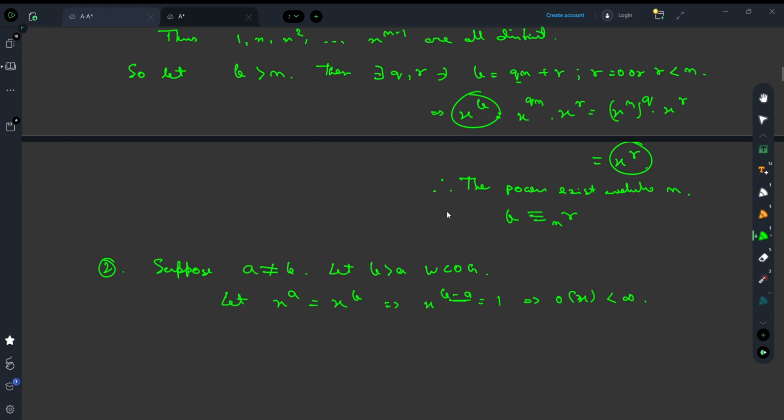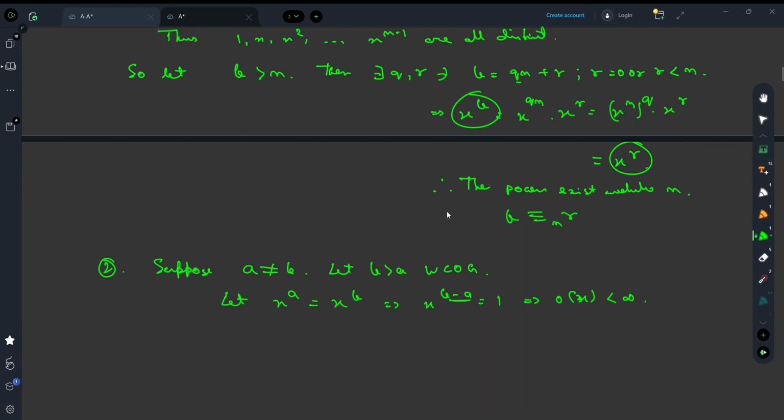the order of x is finite, because there exists a positive integer. If b is greater than a, b minus a is a positive integer. So there exists a positive integer, x to the power of which is 1. Then obviously by the well ordering principle there must exist a least positive integer for this to happen.